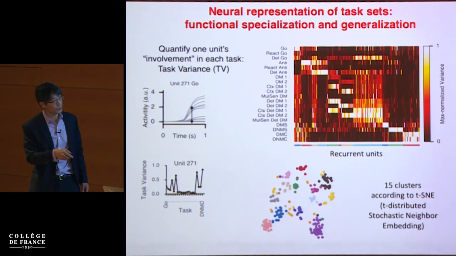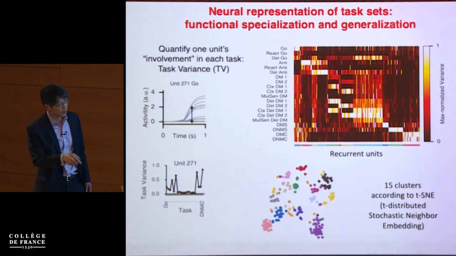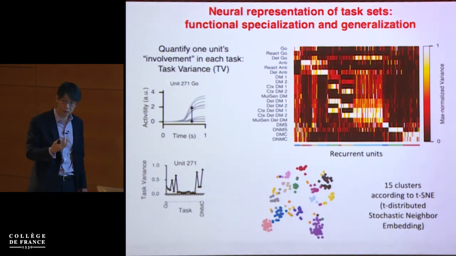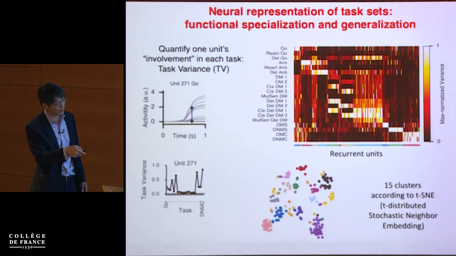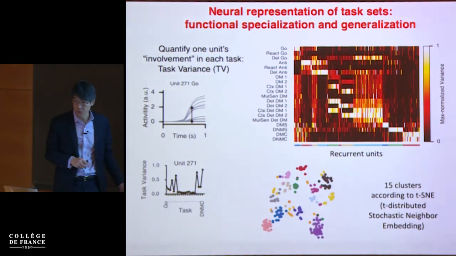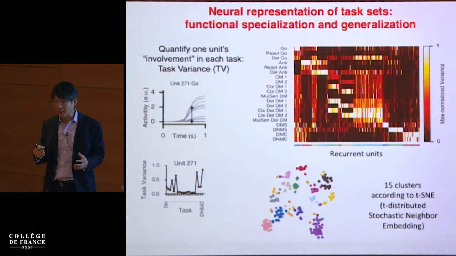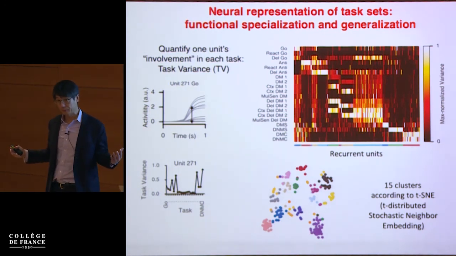So for example, using the so-called t-SNE analysis, you could look for clusters, and indeed we found that the neurons in the recurrent network seem to display a number of segregated clusters. So some, for example, are important when any task involves delay, right?